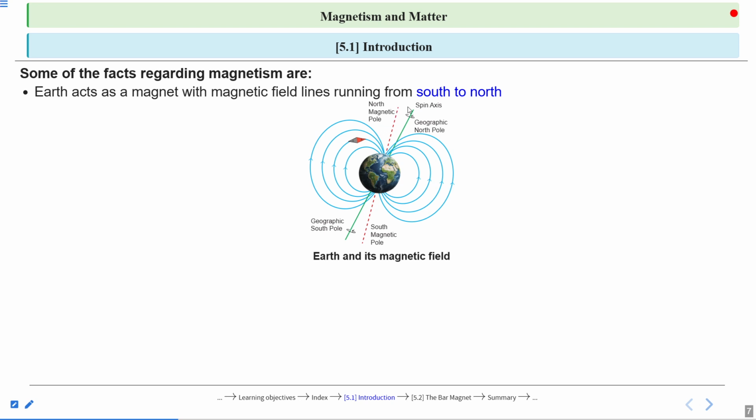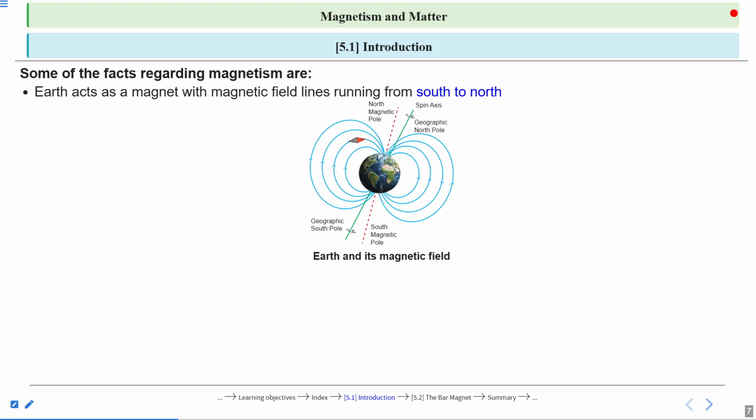The geographical axis and the magnetic axis are at an angle of generally 11.5 degrees. That means they are not at the same place but near to each other. So this is the geographical North Pole, and this is the magnetic North Pole, very near to it.